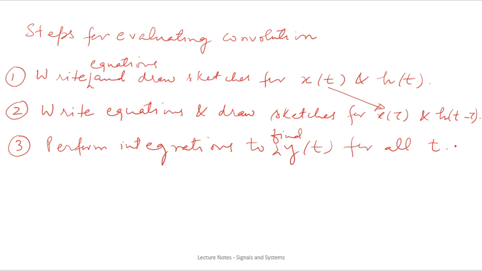The convolution integral we have already defined in the last lecture. The output of that convolution integral, which is y(t), you have to calculate for all the values of t. These are the basic steps which we generally follow in evaluating the convolution.